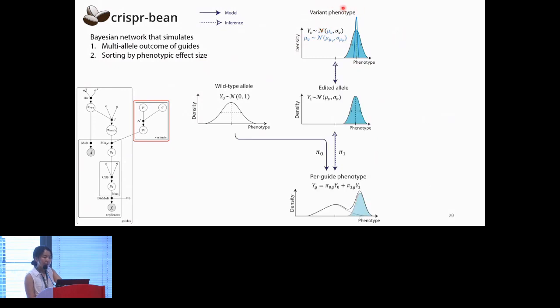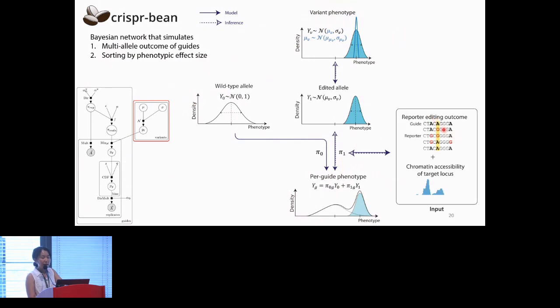And based on this variant and wild type allele phenotype, we are constructing the cell level phenotype, which is the mixture of when that cell is edited for variant A or not edited for variant A. And the weight of this edited component, or the editing efficiency, is read and scaled by the reporter editing outcome and the chromatin accessibility of the target loci.